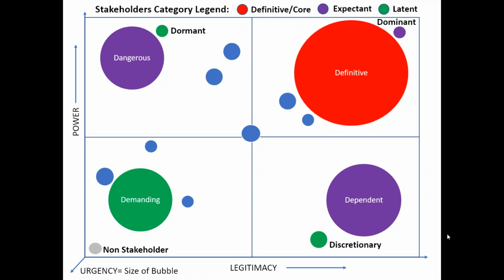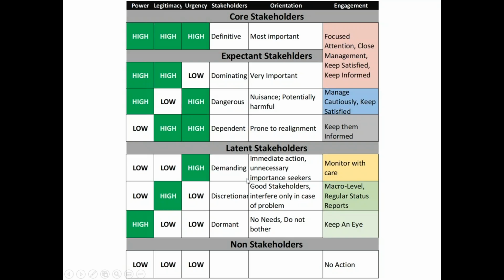A big bubble in the bottom left is demanding, and a small bubble in the bottom left is not a stakeholder. A big bubble in the top left quadrant is dangerous, and a small bubble in the top left quadrant is dormant. Again, we have shown all the relationships here. I hope you understand now. This can be represented in this chart.